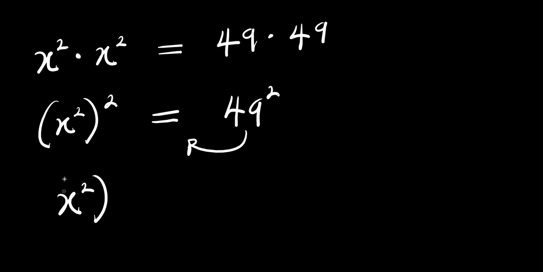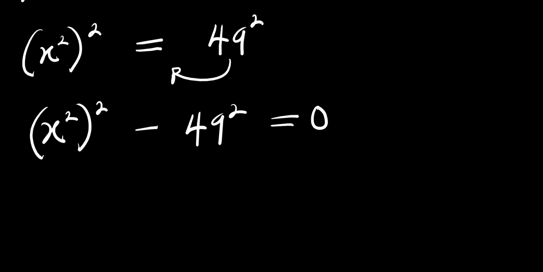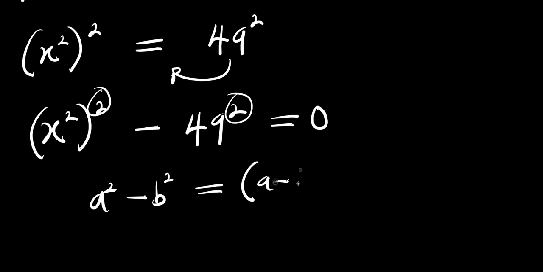You can move this over here. I have x squared raised to the power of 2 minus 49 raised to the power of 2 equals 0. There's power 2 here, there's power 2 here. I can make use of difference of two squares because this is minus. You have a squared minus b squared equals a minus b times a plus b.